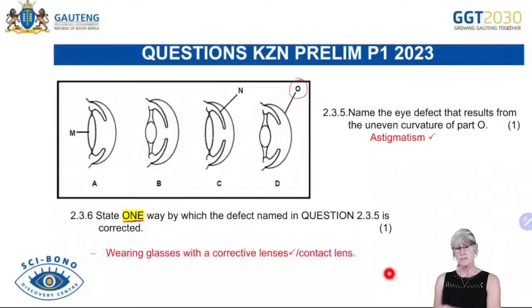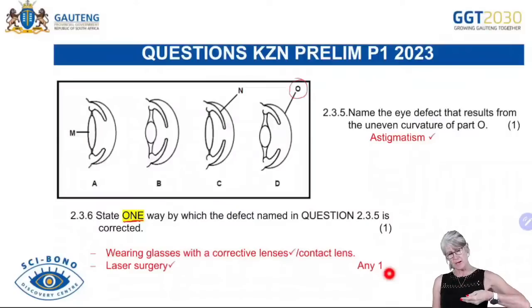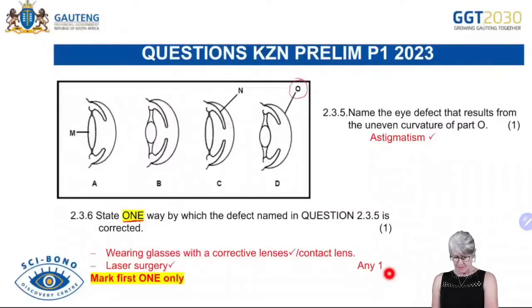Otherwise it could either be glasses lenses, or it could be contact lenses. Or they can use laser surgery where they shave off the top layers, the uneven layers, and possibly smooth out that cornea. And there again they're going to only mark the first one.